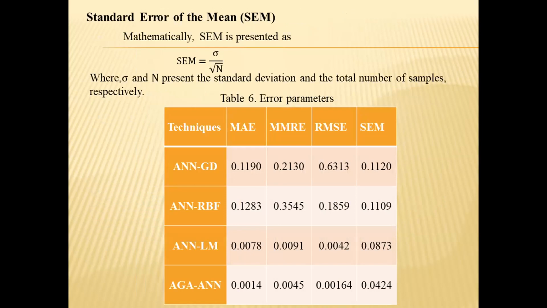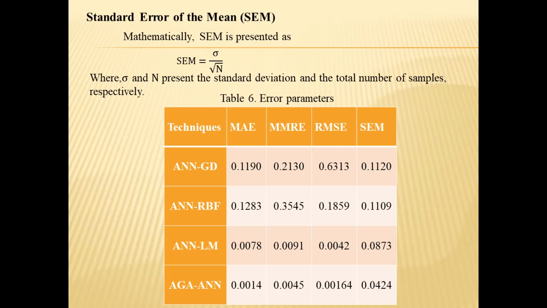Now, as shown in table 6, in comparison to the other computing models, AGA-ANN exhibits minimum average error of 0.0014. Mean magnitude of relative error is 0.0045 and standard error of mean is 0.424, which indicates that the AGA-ANN provides more accurate prediction than the other neurocomputing models.